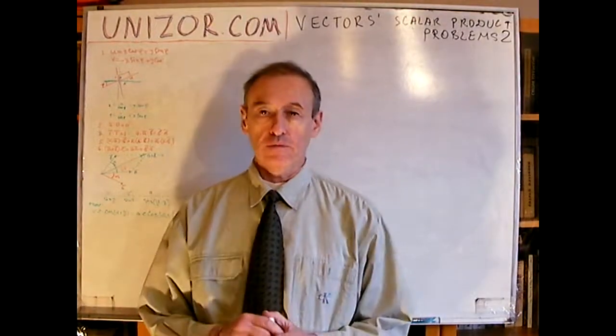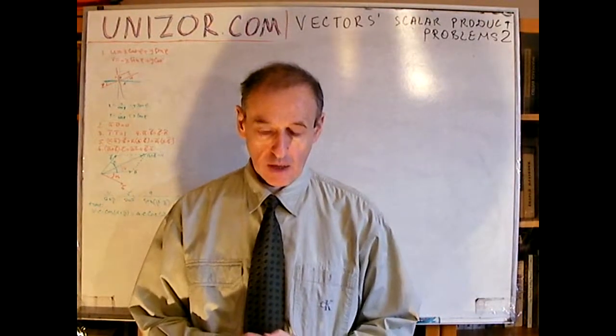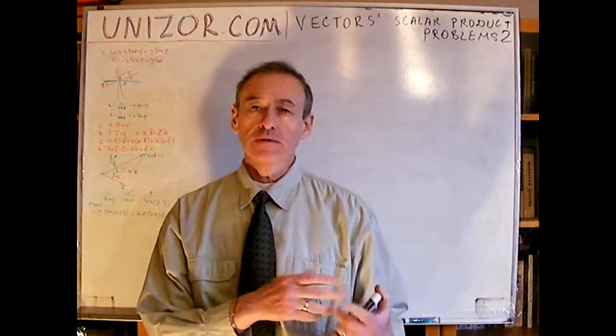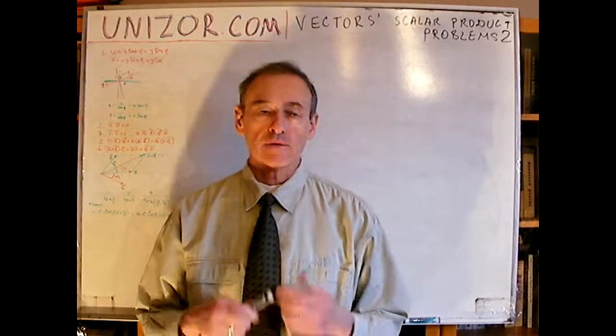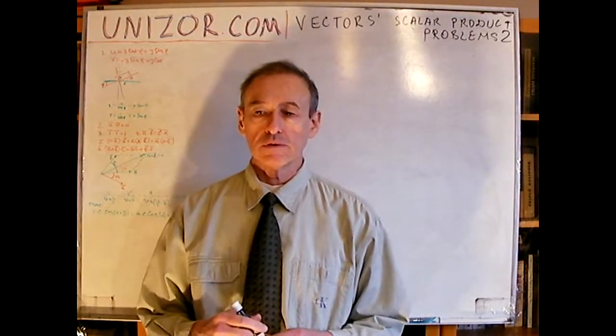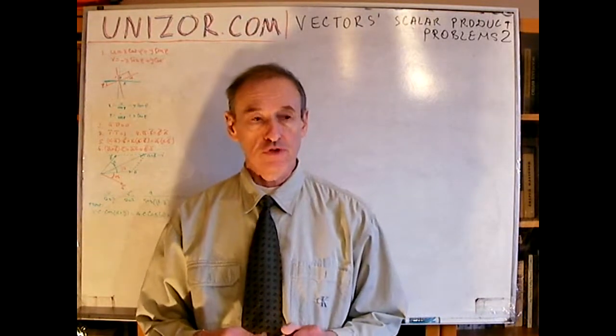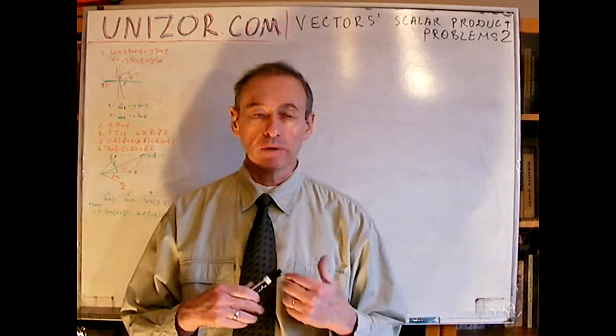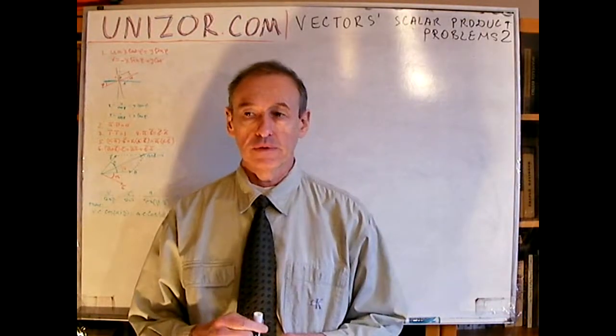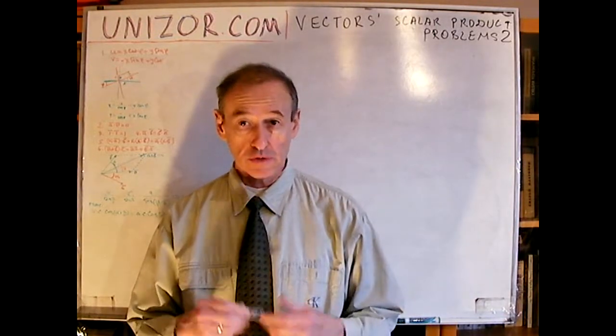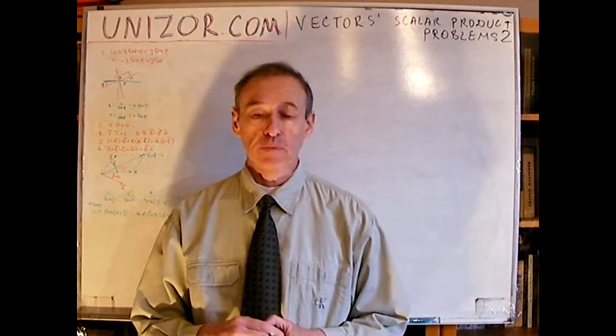Talking about scalar product of the vectors. In the beginning, in the theoretical lectures, I have introduced certain rules or principles or axioms, if you wish, about the properties which the scalar product is supposed to satisfy.